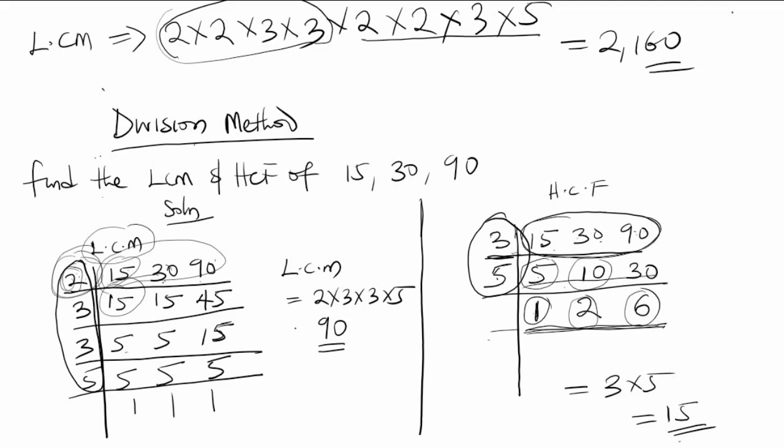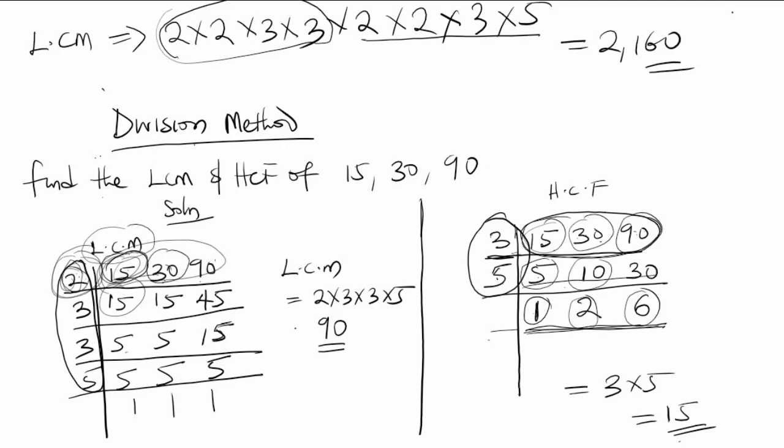When looking for the HCF, you must look for factors that will divide every single number completely without a remainder. But when looking for LCM, you will look for a factor that can divide even 1 or 2. You look for a factor that can divide any one of them, not compulsorily all of them.